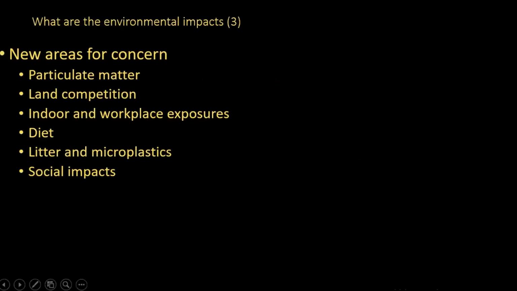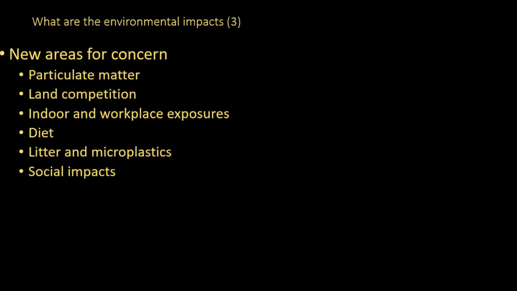And then we get the new areas of concern. Particulate matter, we all found out about that over the summer before we were hit with COVID. So we had very significant health issues. No one could go out and exercise. That sort of problem exists all the time across the world in different instances, and before COVID, was probably one of the biggest single environmental killers of people.